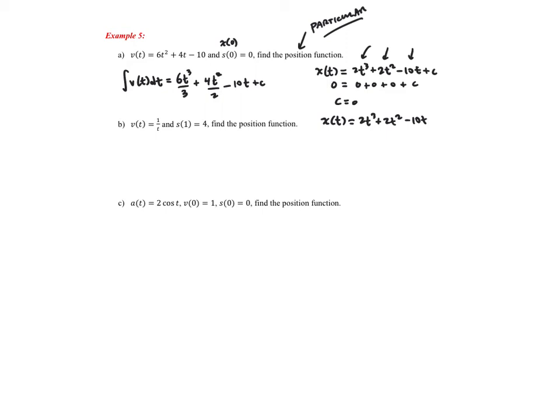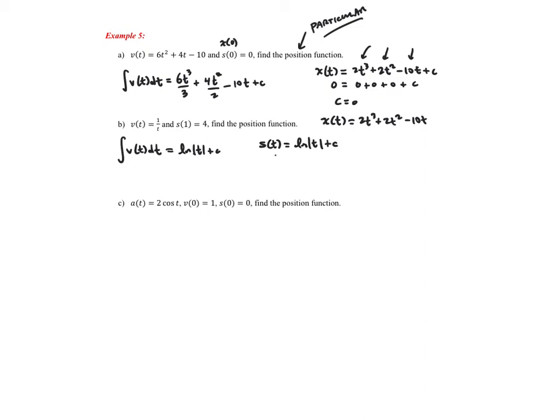Okay, part B, v of t equals 1 over t, and s of 1 equals 4. Find the position function. Again, the antiderivative or integral of v of t will equal the natural log of t plus c. So I could say that s of t or x of t is equal to the natural log of the absolute value of t plus c.